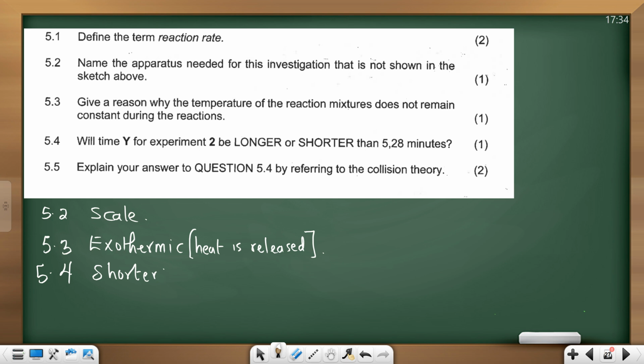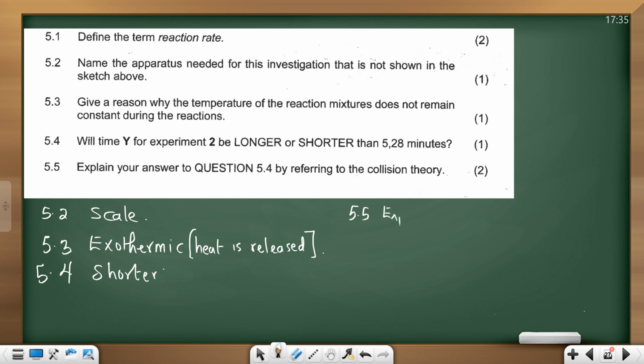Explain your answer to question 5.4 by referring to collision theory. I am done. It's what we're reading. Guys, when I said copy and paste, that was what we're reading. But let's just write it here. It's 2 marks. What did we say? Which one?